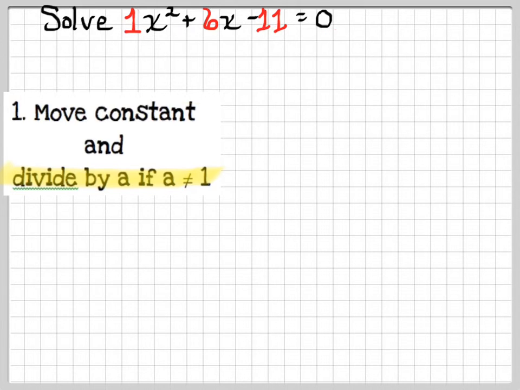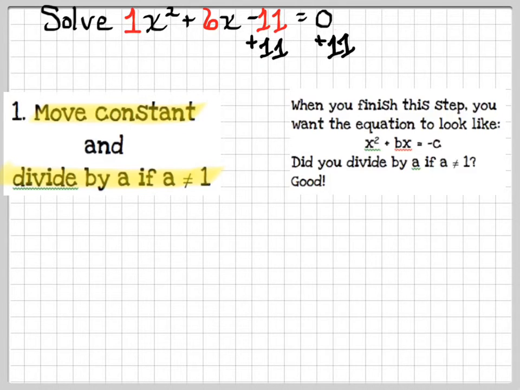And then you're going to move the constant over to the right-hand side. So we're going to add 11 to both sides. When you finish, your equation should look like this: x squared plus bx, where b is generic, so in this case it's 6x, equals a constant, or the opposite of the constant. So the opposite of negative 11 is positive 11.